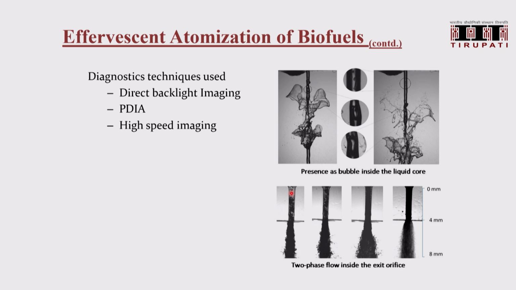Just to give a brief, I just jumped into effervescent. In effervescent injection, you inject a small amount of gas into the injector so that it forms bubbles, just like your Coke. When you put it in a glass, you see a lot of bubbles coming. Or effervescent tablets: you put them in water and they create bubbles, right? That process is called effervescence.